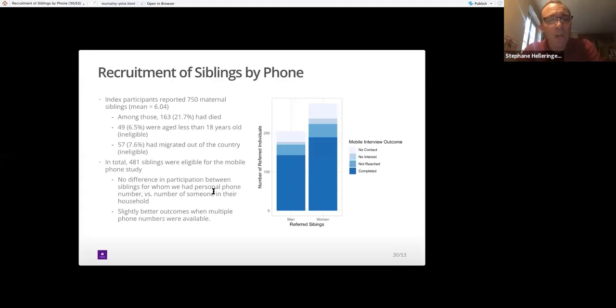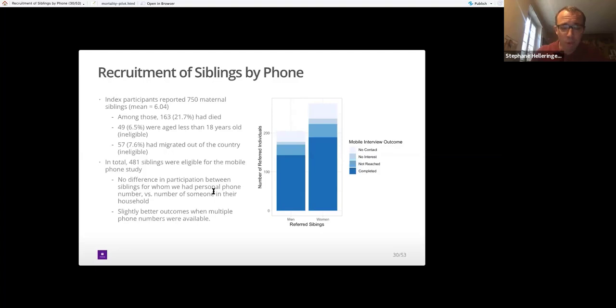And among those, about 1 in 5 had already died prior to the interview. 6% were too young to be eligible for the phone interview, which we set at 18 years of age. And 7.6% of them had migrated out of the country, so they were also ineligible because they were in South Africa or Tanzania, for example. So in total, there were 481 siblings who were eligible for the mobile phone study and that we attempted to notify and contact.